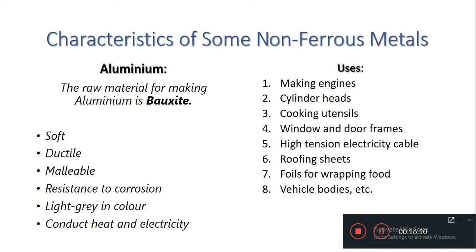So the reason we say aluminium is light gray in color is that mostly you look at our roofing sheets and you see they are light gray in color, and that is the original color of the aluminium roofing sheet. So that is why we say aluminium is light gray in color.